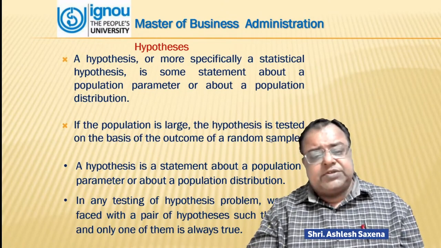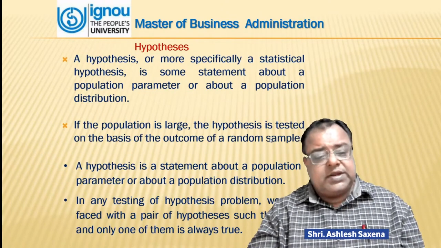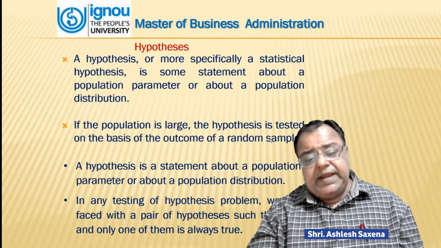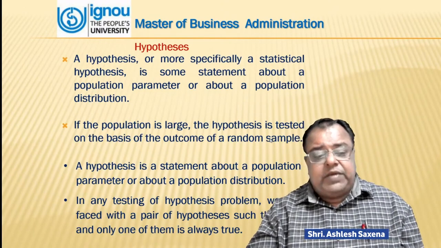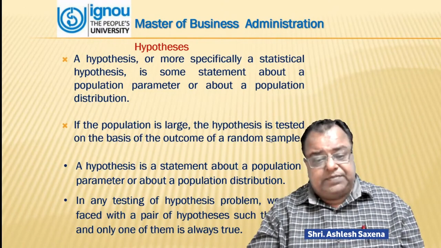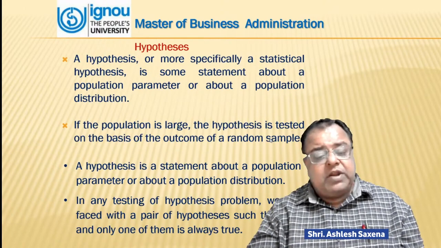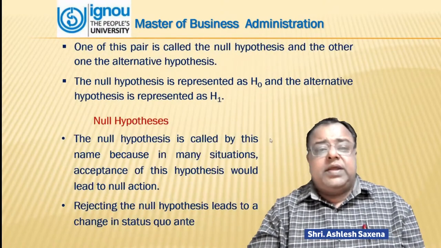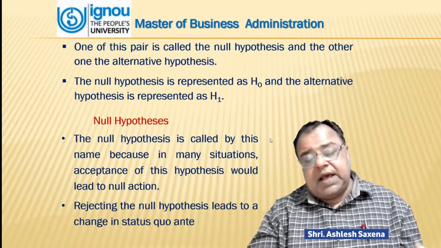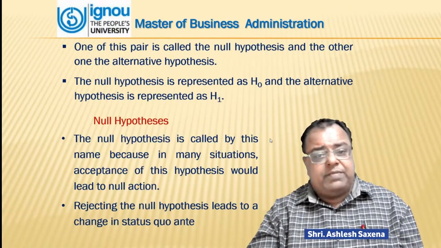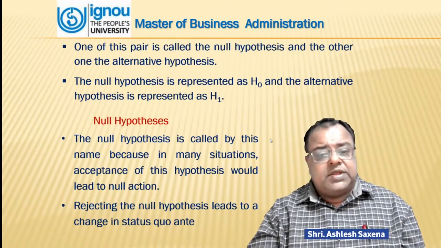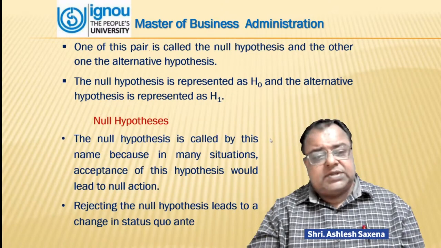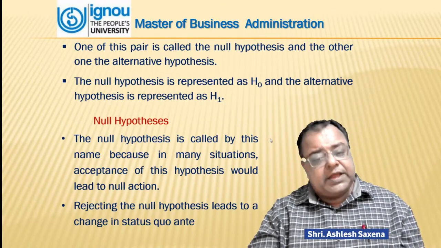In any testing of hypothesis problem, we are faced with a pair of hypotheses, such that one and only one of them is always true. One of this pair is called the null hypothesis and the other one is called the alternative hypothesis. The null hypothesis is represented by H0 and the alternative hypothesis is represented by H1.